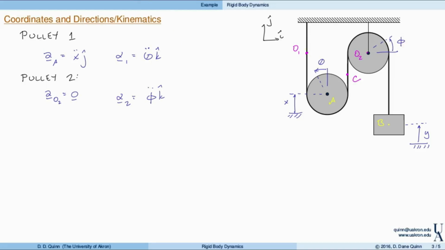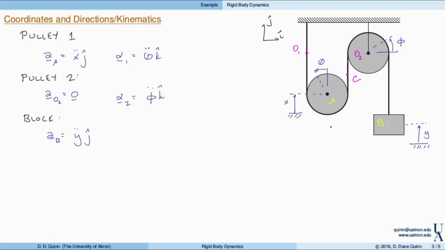Finally, we have the mass, or the block. And for that, the acceleration of B is equal to y double dot in the j direction.